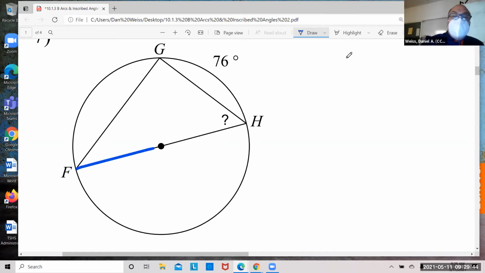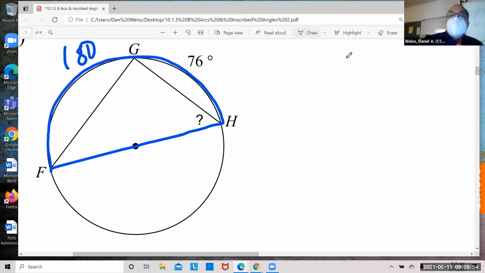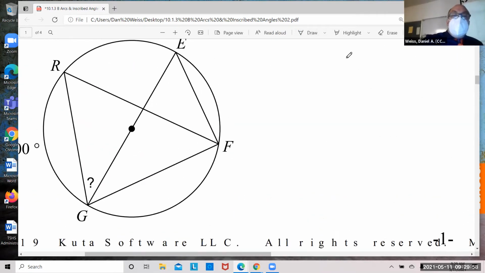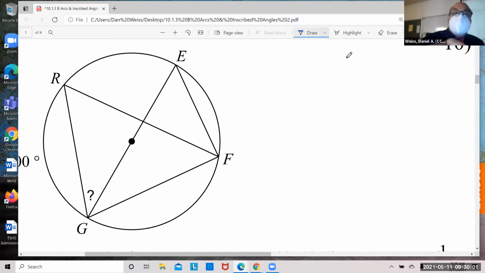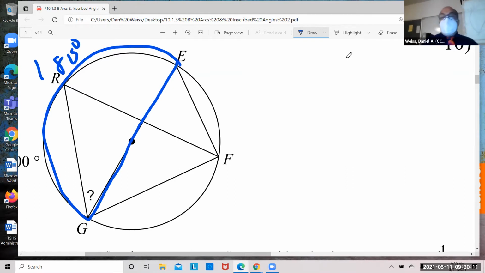This segment goes through the center, meaning this arc is 180. Okay. Here, look. This segment goes through the center, making this arc here 180. Okay. All right.